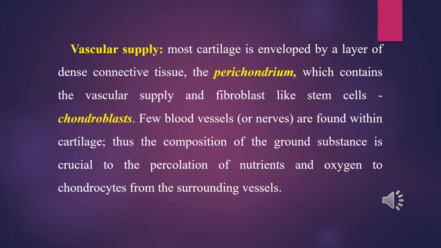A very interesting question is the vascular supply, or blood supply, of cartilage. Blood vessels are present in cartilage only in the perichondrium. In the central part of cartilage there are no blood vessels, and all nutrition material and all elements from blood diffuse from the perichondrium to the deeper part of cartilage.